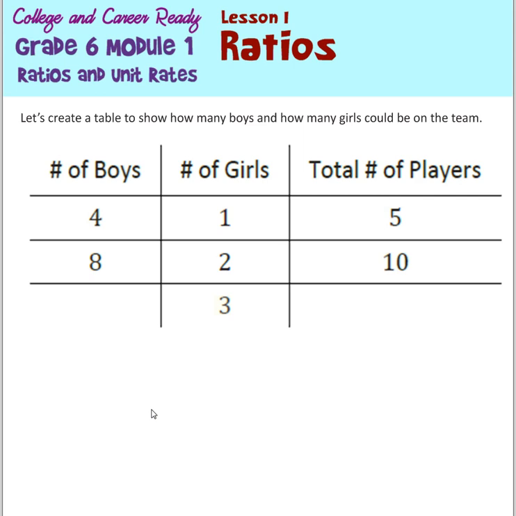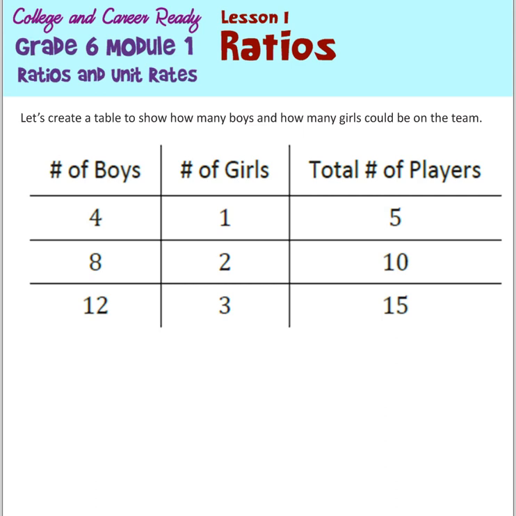That means we're going to add 4 more boys, which means we'll have 12 boys and 15 players on our team. That's enough to field a team. Could we keep going? Of course, but we don't need to. That ratio of boys to girls, 4 to 1, is consistent through this whole table.